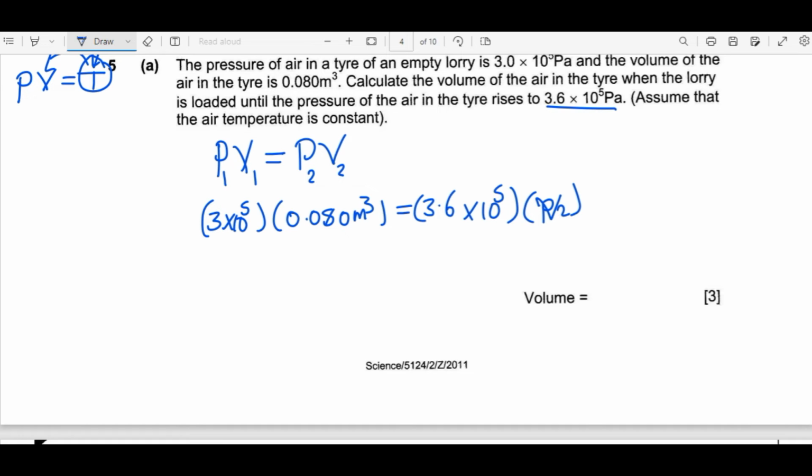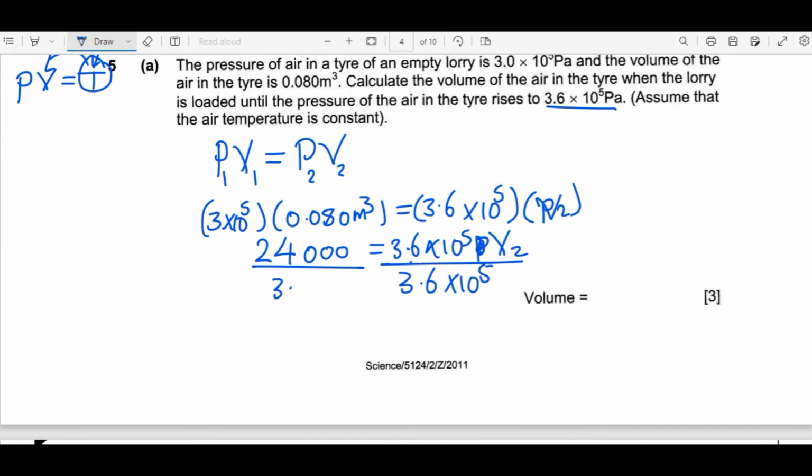So 3 times 10 to the power 5 multiplied by 0.08, I'm getting 24,000 here. This will just be 3.6 times 10 to the power 5 times V2, over 3.6 times 10 to the power 5.